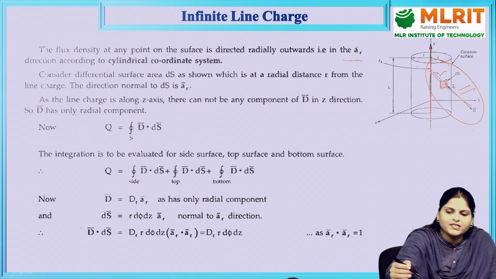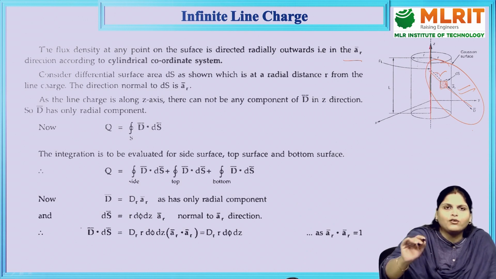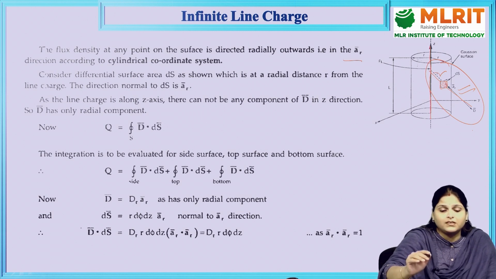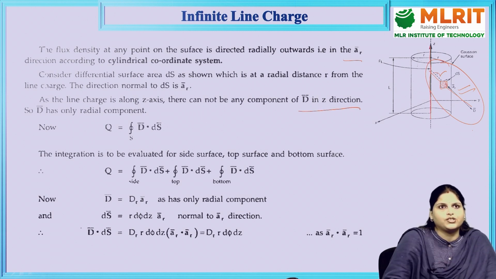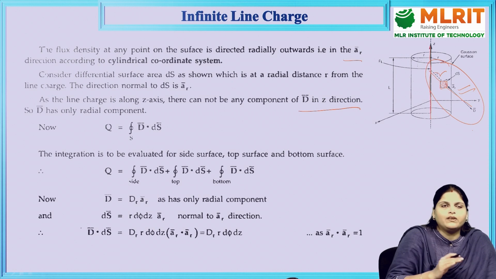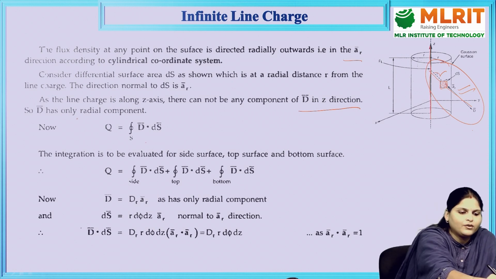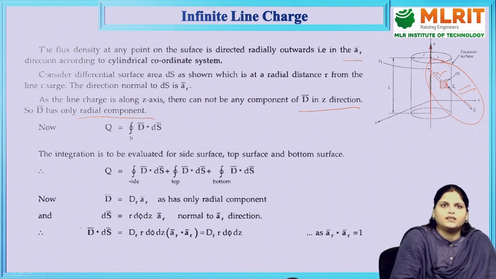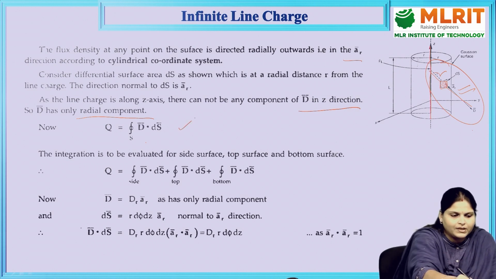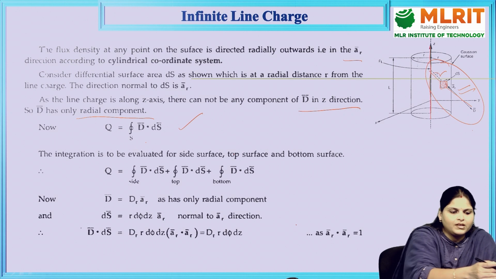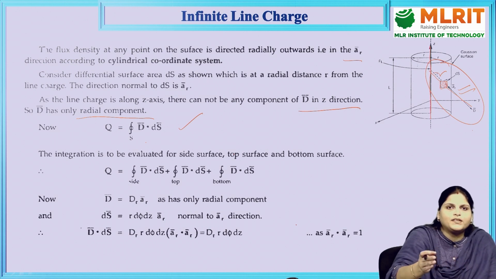Now as the line charge is along the z axis, there cannot be any component of D in the z direction. So D will only have radial components. How? We will see. We already know Q is equal to the integration of D dot dS. This integration has to be evaluated for the side surface, top surface and bottom surface.